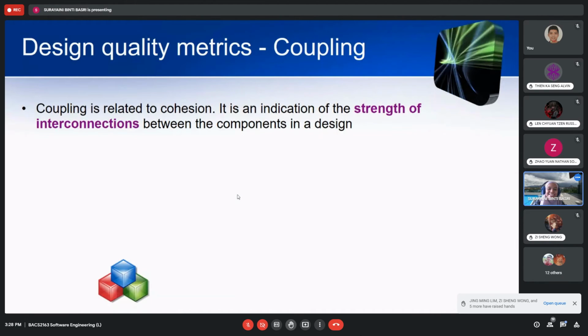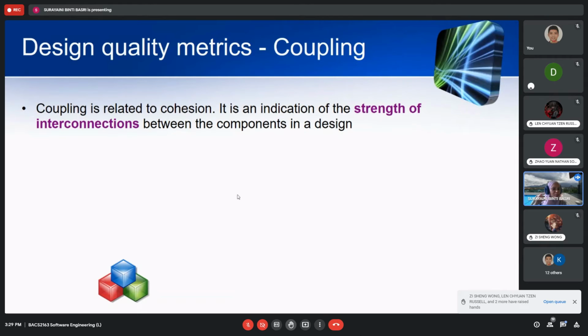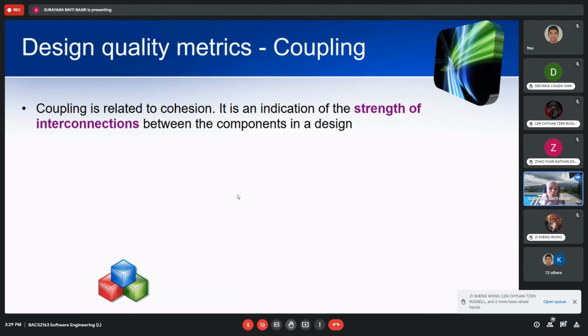Like I said just now, I have highlighted that there are four design quality metrics. First, we have already learned about cohesion. Cohesion has seven levels, and the most important thing you need to know is that the best of the seven is functional cohesion, where you group each module based on the function of the module, not because of the previous levels.